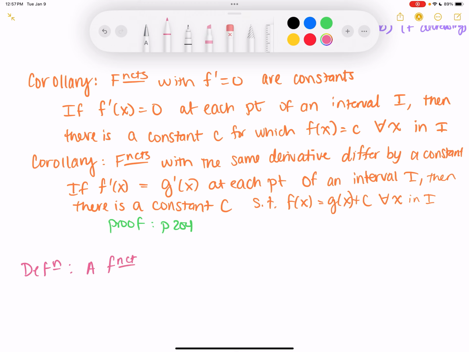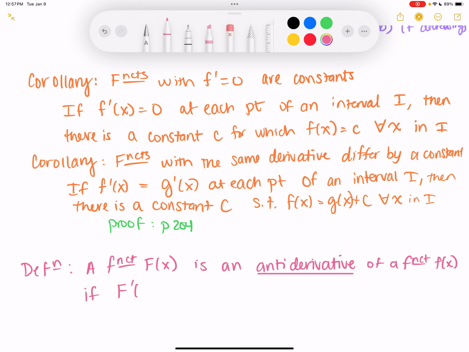A function capital F of x, it's not that big of a deal, but is an antiderivative of a function little f of x, that's why I said that one's capital, the other one's lower, if capital F prime of x is equal to little f of x for all x in the domain of f.